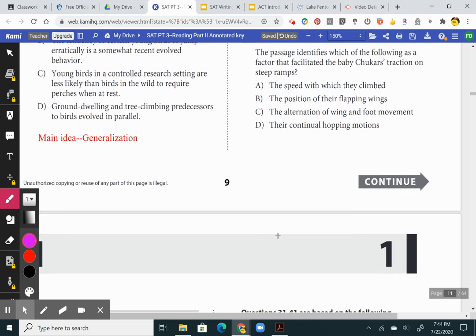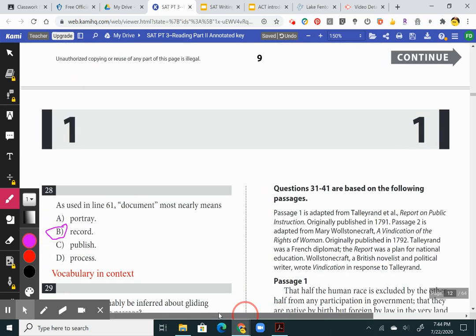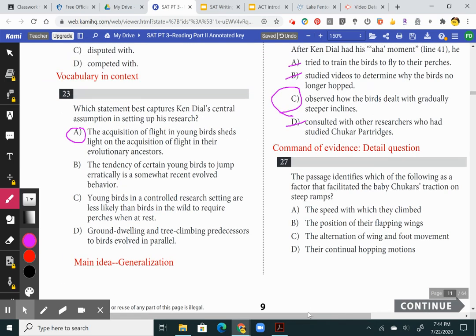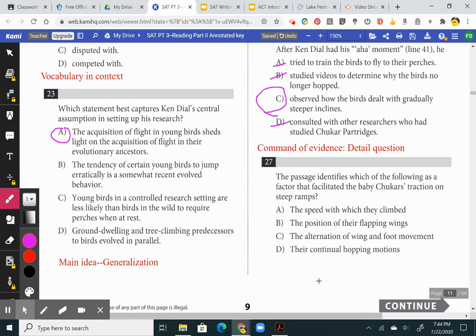The passage identifies which of the following is a factor that facilitated the baby chukars' traction on steep ramps. The speed at which they climbed, the position of their flapping wings, that seems like a plausible one, the alternating of wing and foot movement.